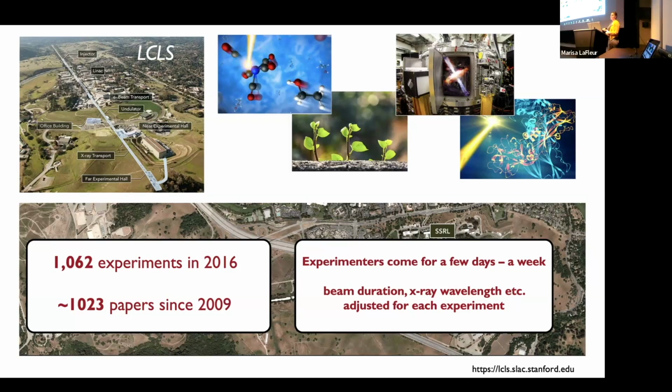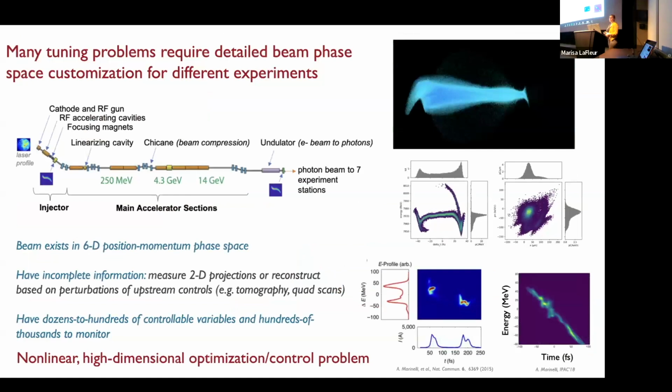And so to do all of these things, there needs to be a very different set of photon beam characteristics for each. And ultimately, the way that we produce this is by shaping and accelerating an electron beam. And they tend to come for an 8-hour shift, and then it's constant switching between these different setups.